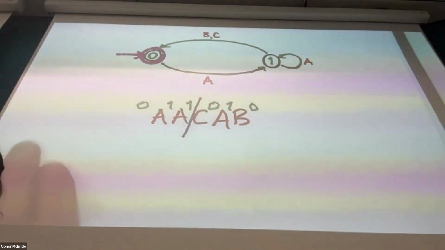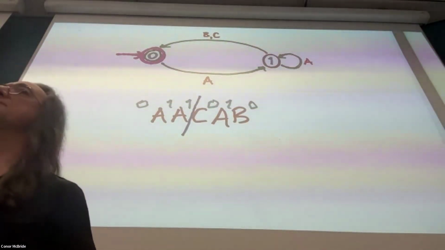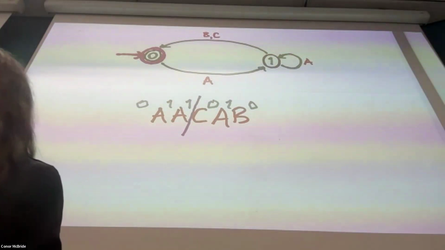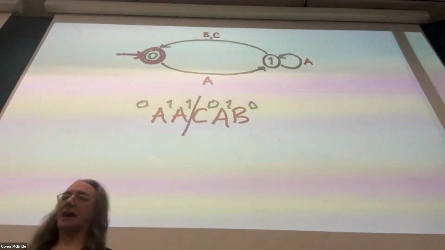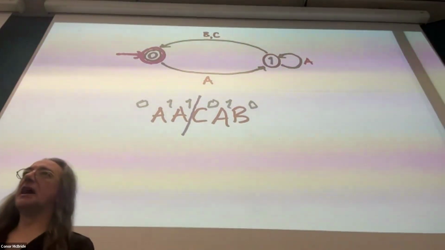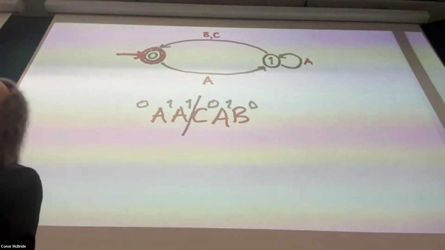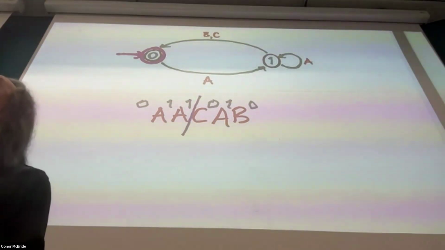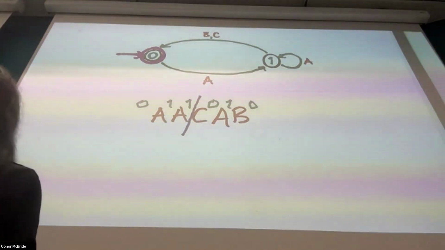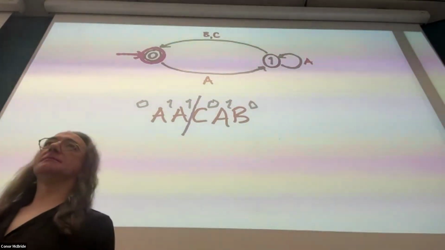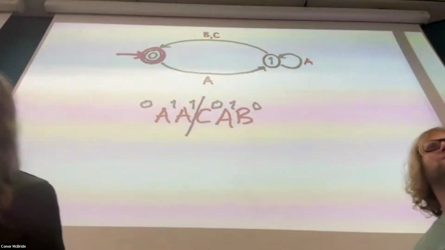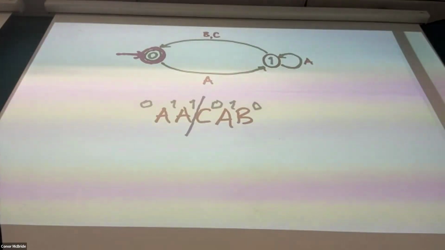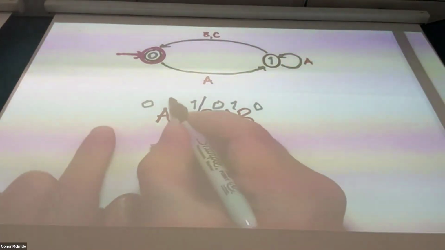I claim that this sequence contains a loop, and you can see it contains a loop, because it goes from 1 to 1. Just to point out what the loop is: here's our loop.